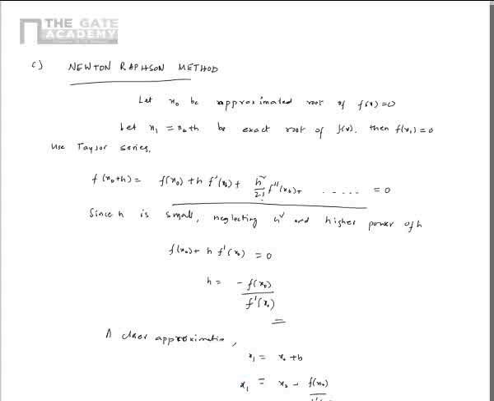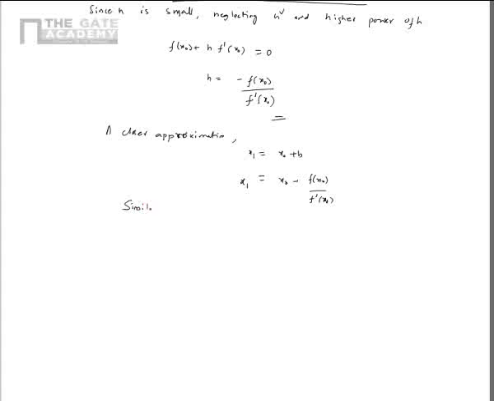Now similarly we'll be starting with x1. You can get a still better approximation x2. So x2 will be your x1 minus f x1 by f dash x1. Okay, this is your x2.